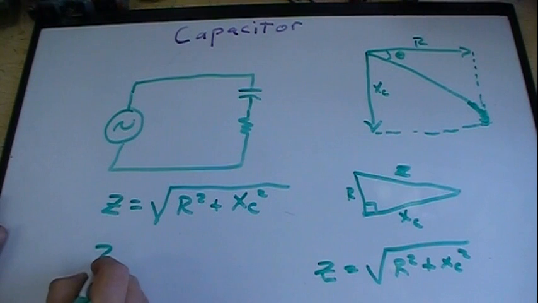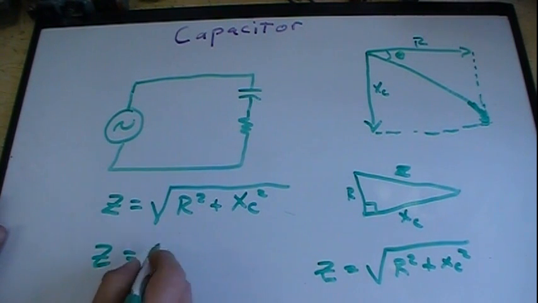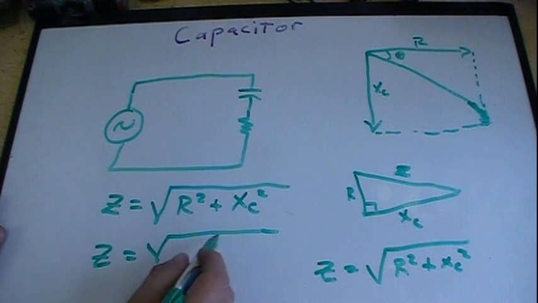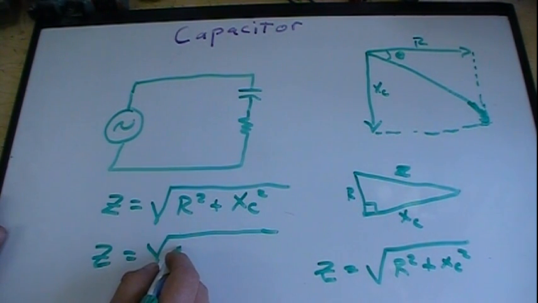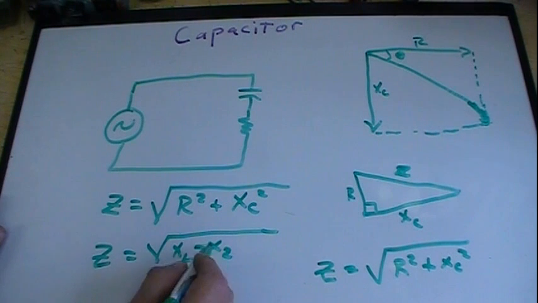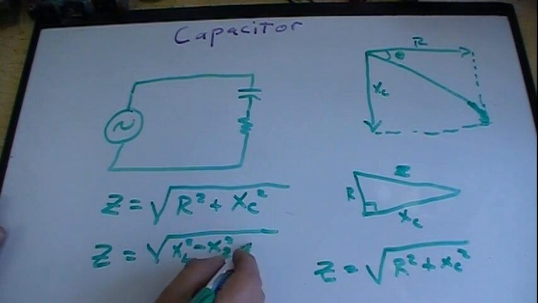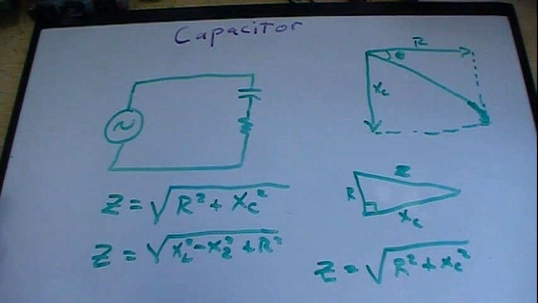I wrote down something to this effect, that Z, and we had three different things in here: X sub L, which is inductive reactance, minus X sub C, and I had them two being squared plus R squared. Okay, it's not exactly correct.